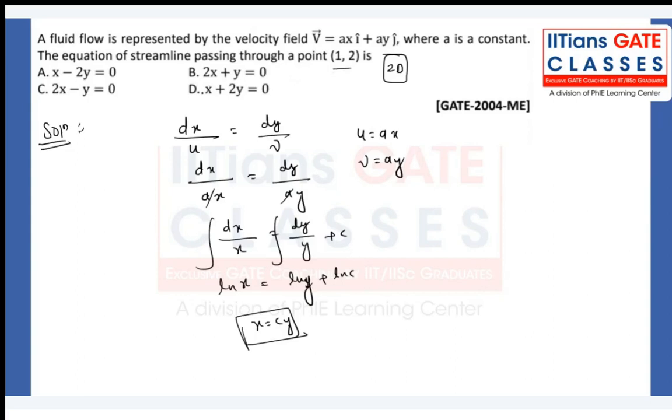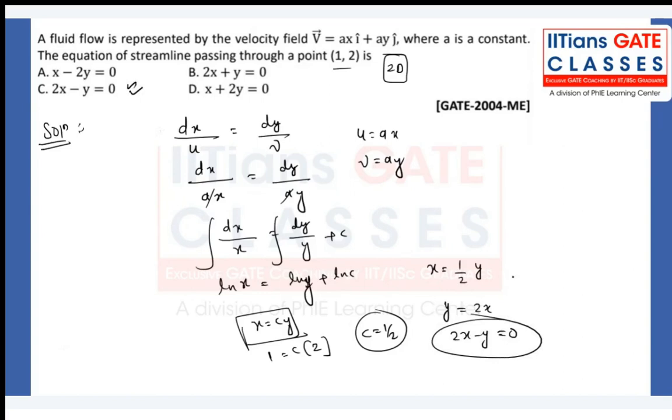No boundary condition is given, but 1 comma 2 means when x is 1, y is 2, so c is 1 by 2. So x will be 1 upon 2 y, so y will be 2x. So we can write 2x minus y equals 0. Getting my point?